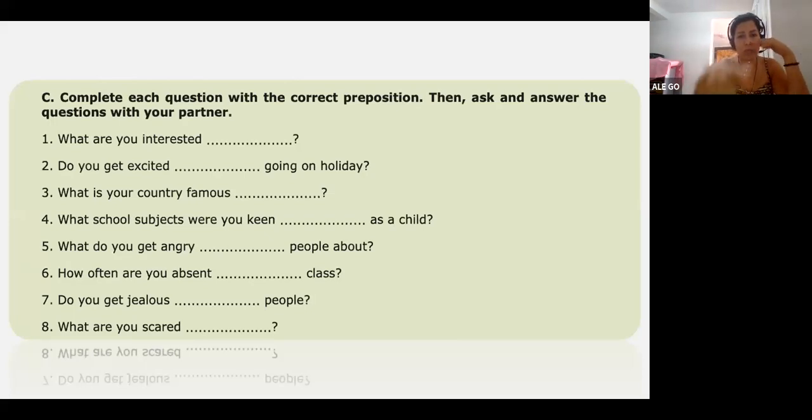Yes. Well, not in this moment. I'm not feeling excited about going on holiday in this moment until the pandemic finished, you know. So maybe in that moment I will feel excited about that.